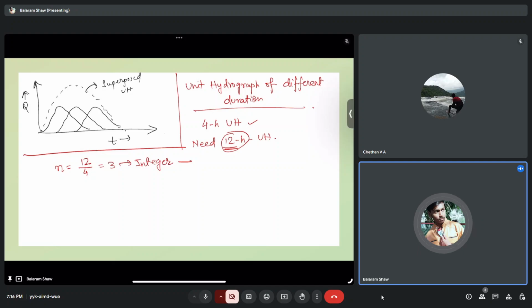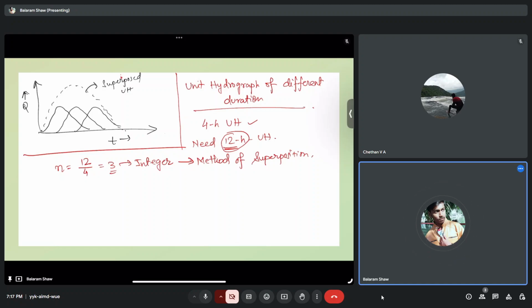So in that case we can use the method of superposition. Here we have the 4 hour unit hydrograph and we take 3 lags, and then we just superimpose all those unit hydrograph ordinates, and then we get the 12 hour unit hydrograph.